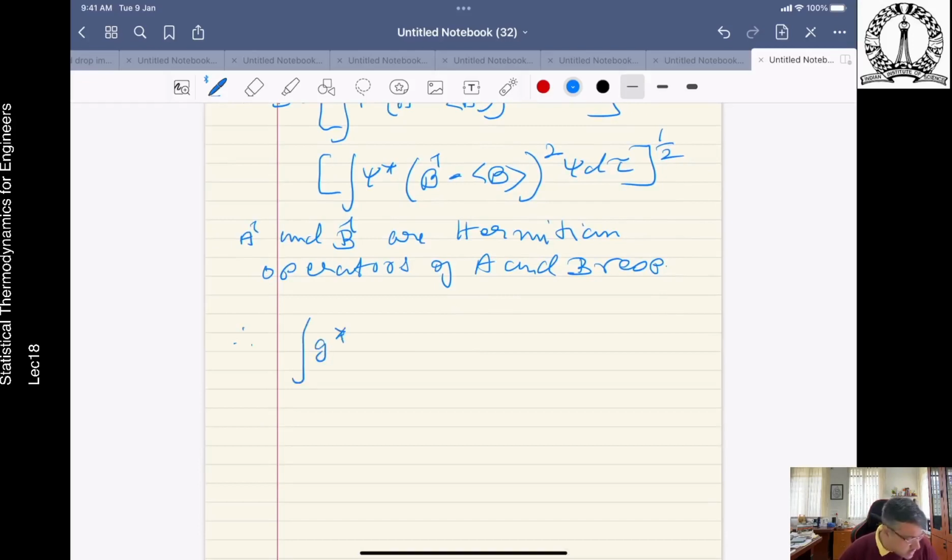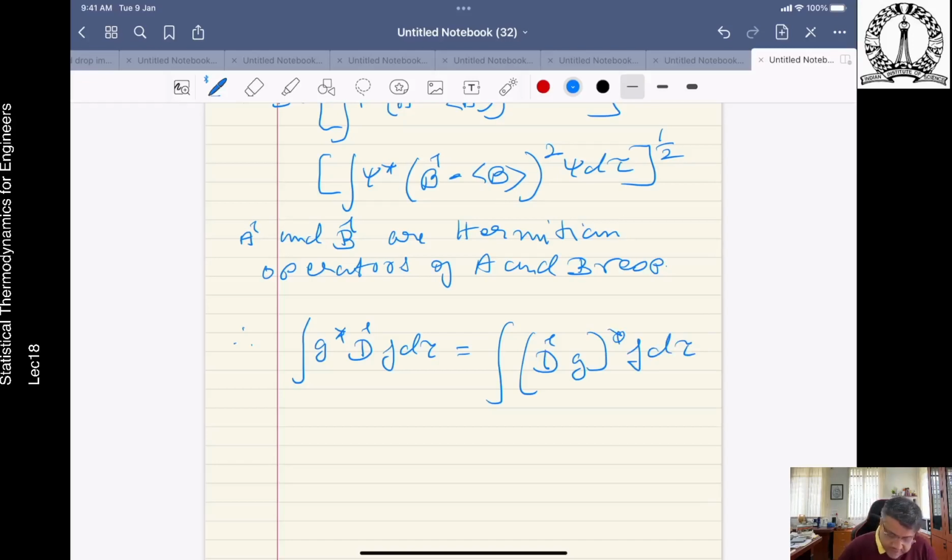So say this is arbitrary. So this is a rule: if tau equal to G, this is for the Hermitian operators, and this should be valid.